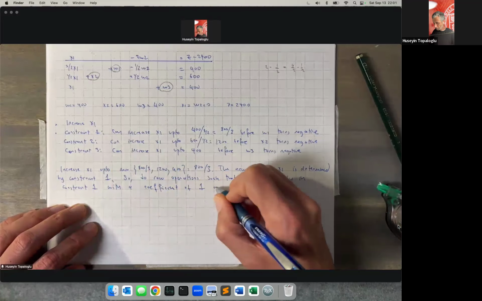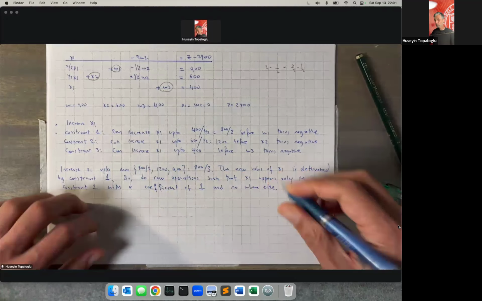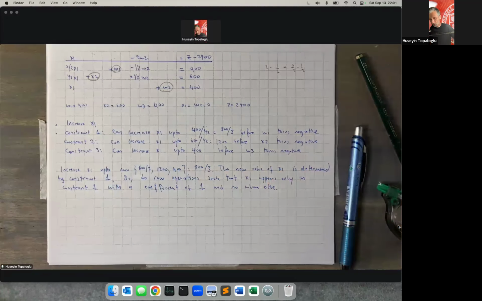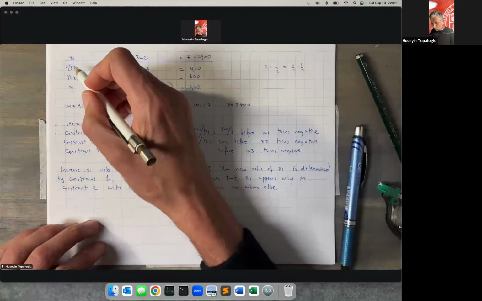You want to make sure x1 appears only in the first constraint row with a coefficient of 1 and nowhere else. Let's do those row operations.